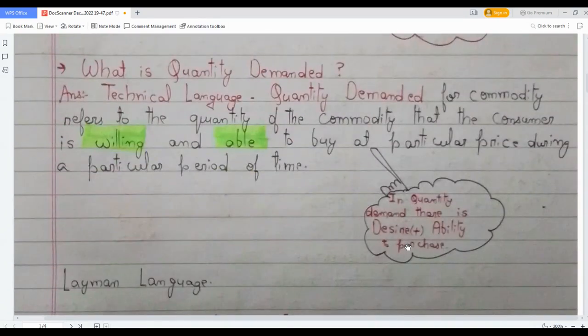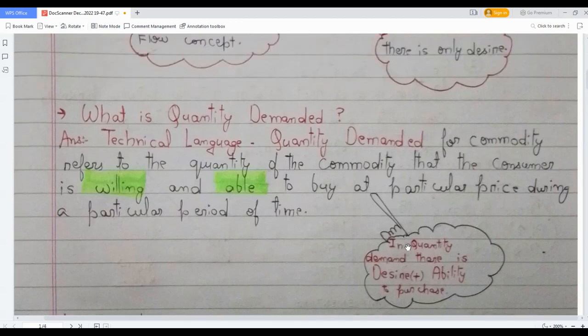In correspondence to demand, there is quantity demanded. A technical definition is given: the quantity demanded of a commodity refers to the quantity of that commodity that the consumer is willing and able to buy at a particular price during a given period of time. That is, in quantity demanded, we consider both the desire and ability of the consumer to buy the goods.